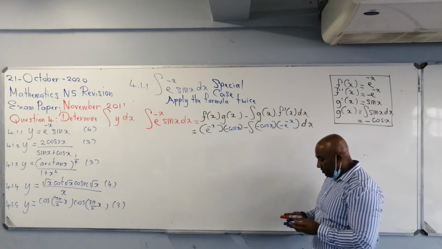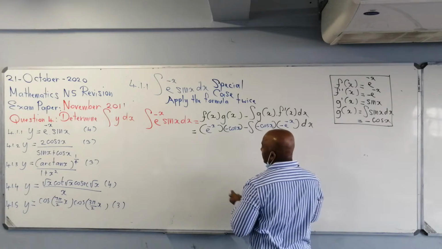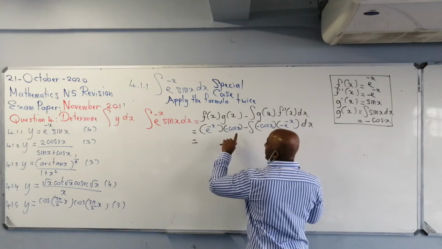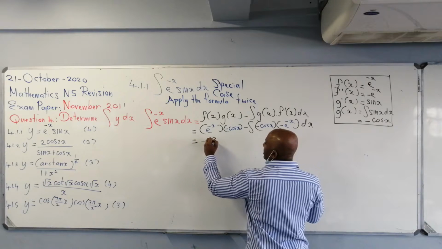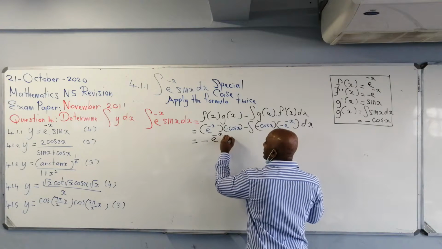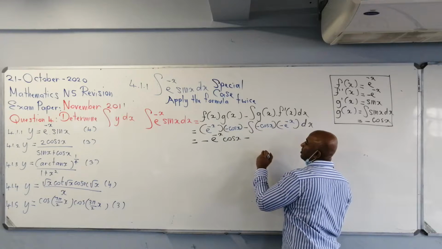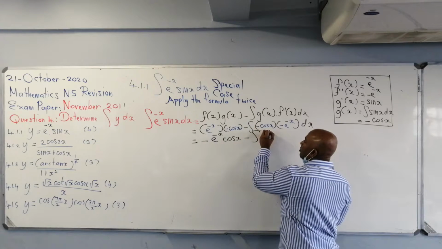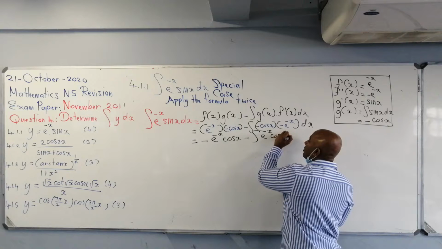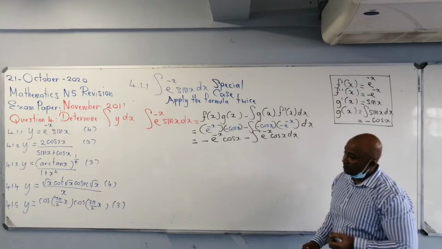If you want to simplify, you can before using the formula twice. So this will be minus e to the power minus x cos x, negative times negative times negative is a negative, the integral of e to the power minus x cos x dx.